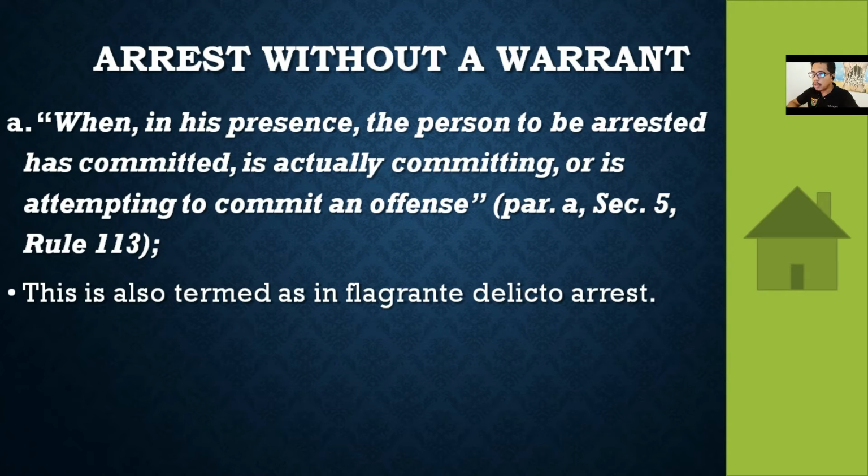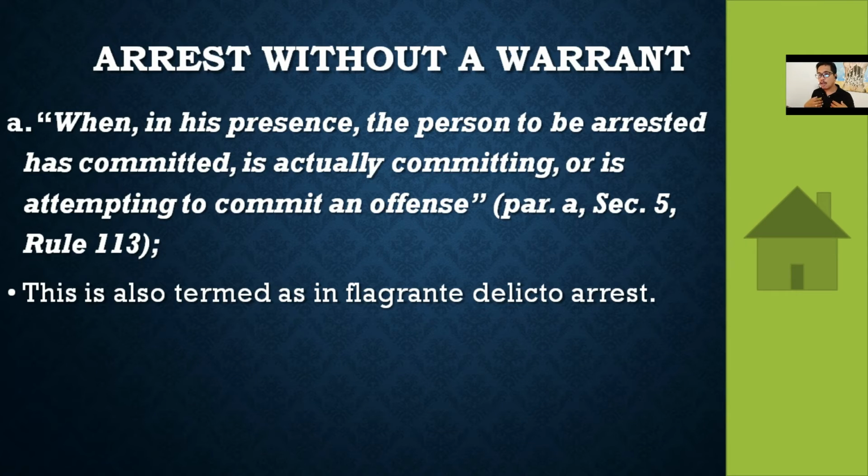Now, in this rule, there are 2 requirements that must be present. Number 1, the person to be arrested must execute an overt act. When I say overt act, that which can be seen. An overt act indicating that he has just committed, is actually committing, or is attempting to commit a crime.